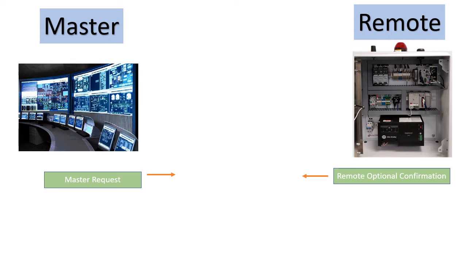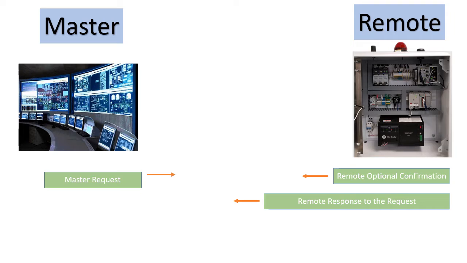I am sending data after some time." After some time, the remote responds to the request and sends the data. Obviously, the master can give an optional confirmation. And there can also be a NAK command available when there is an error in the transmission.